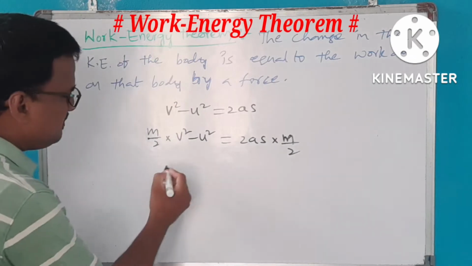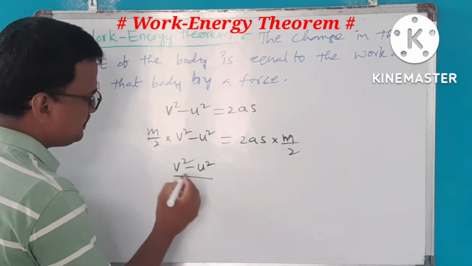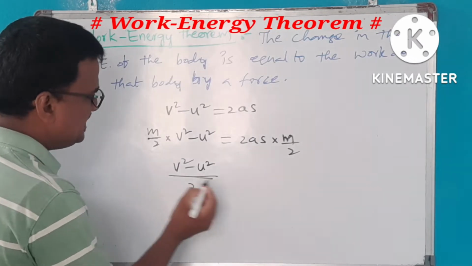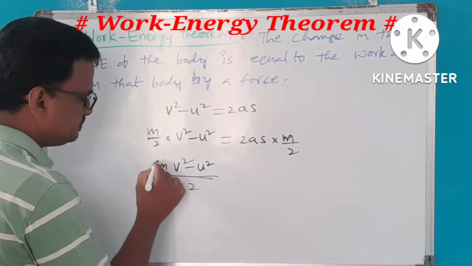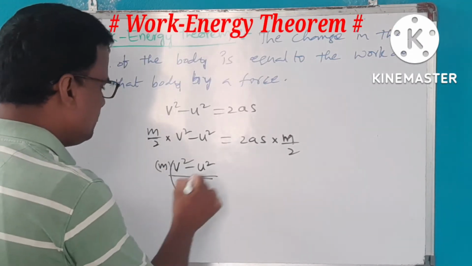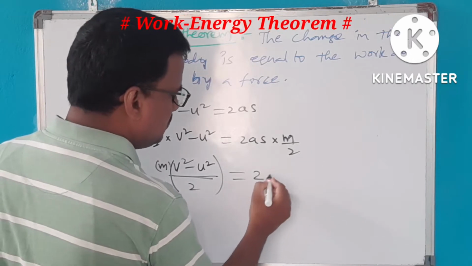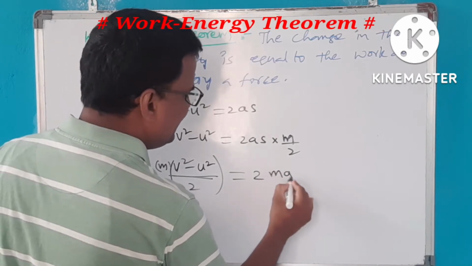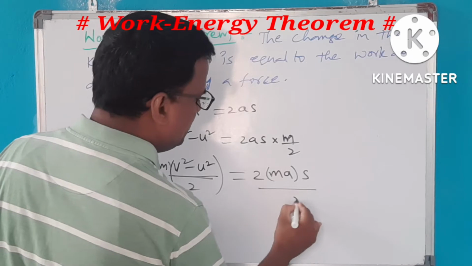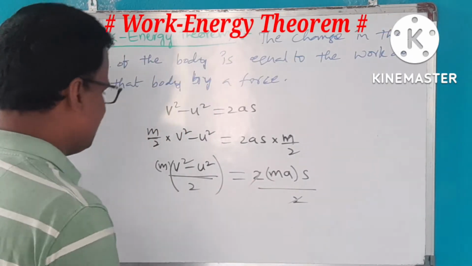Now what we get: m into (v square minus u square) by 2 on the left, and on the right, 2mas by 2. Here the 2 cancels, so we get mas.